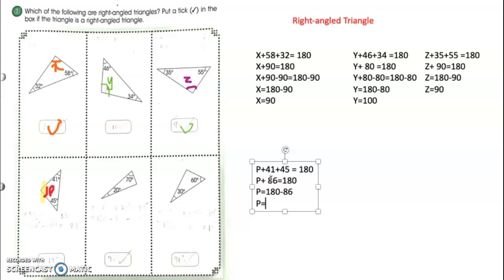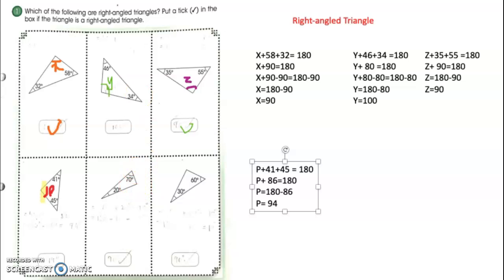We know that it is surely not 90 degrees, isn't it? That is 94. So even though it's close, it's not 90. So this P is not 90, therefore this is not a right angle triangle. It must have one right angle.